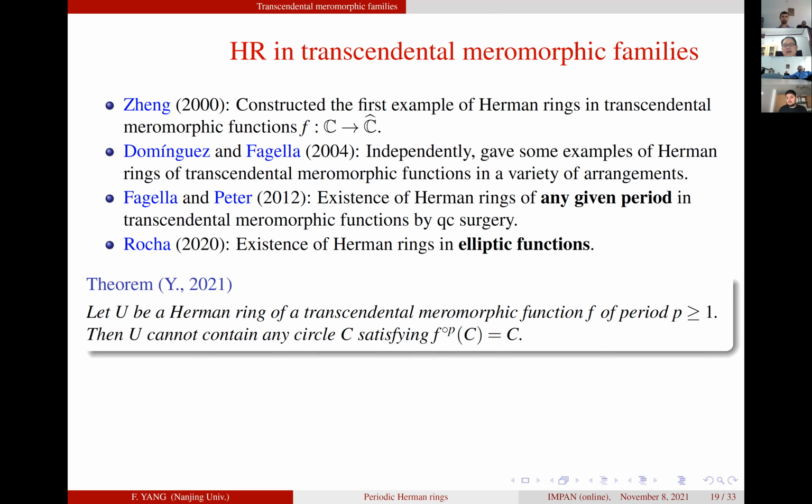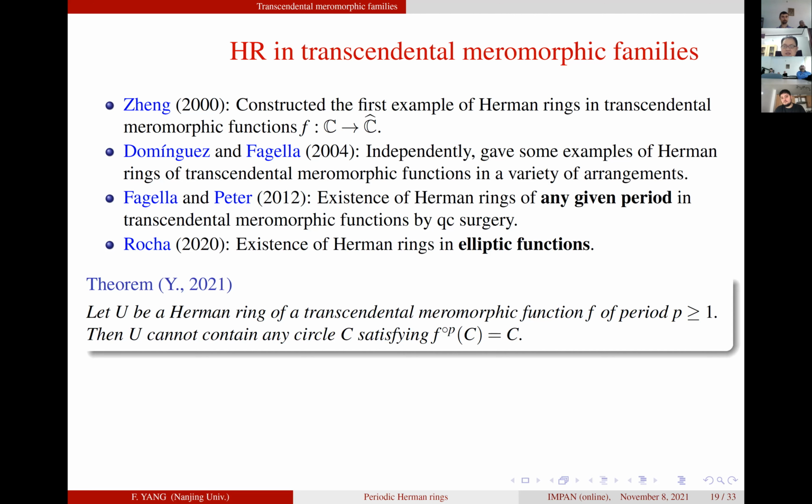Then you will obtain a singularity, an essential singularity, in the finite complex plane, which is a contradiction because the map is a transcendental meromorphic function defined on the complex plane.